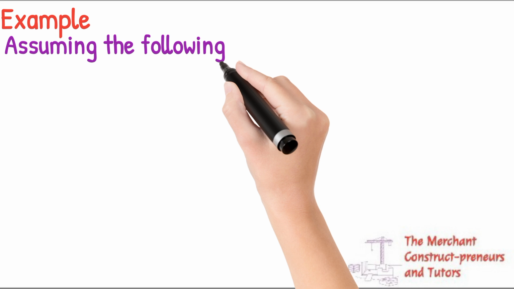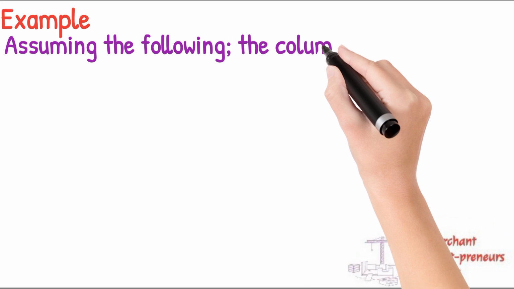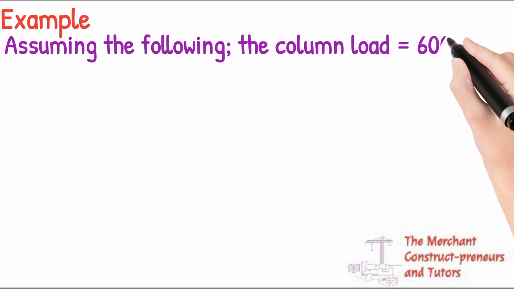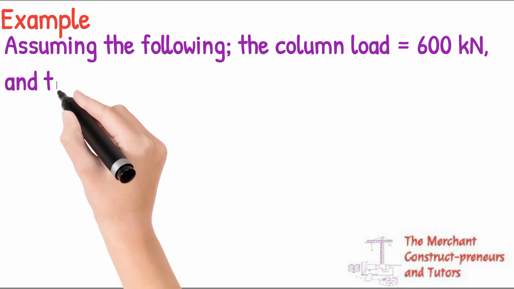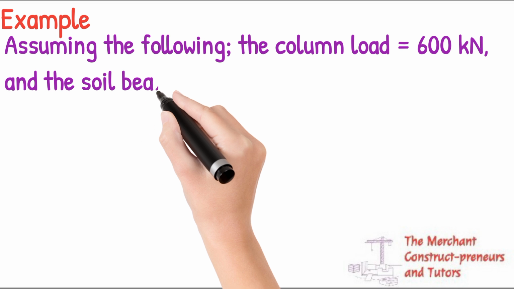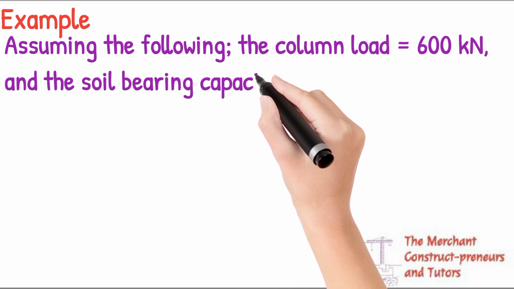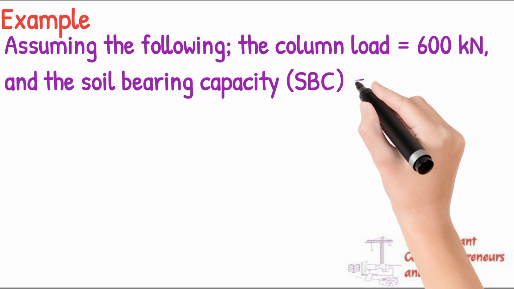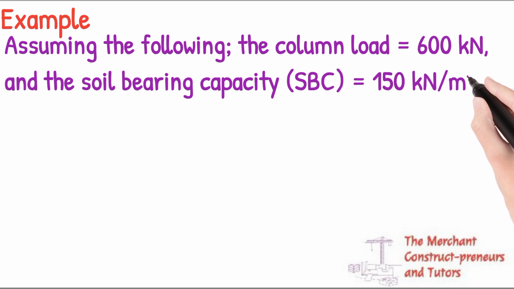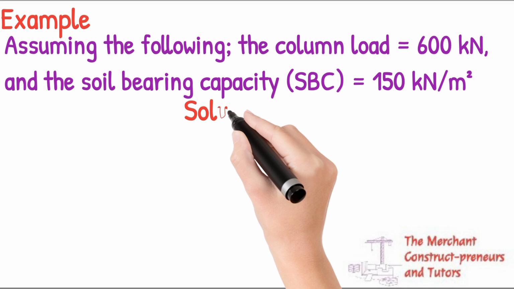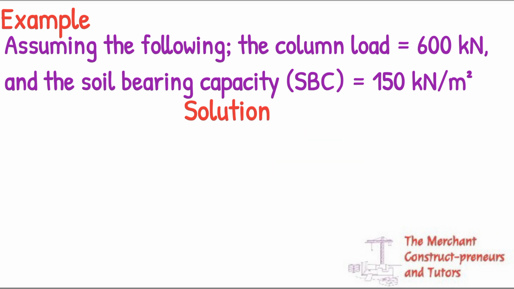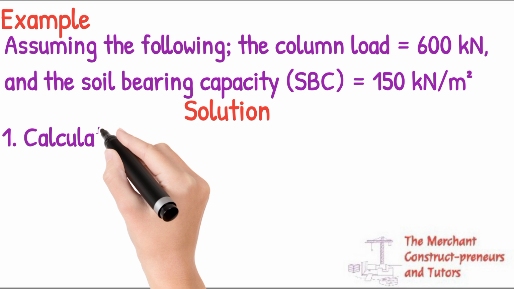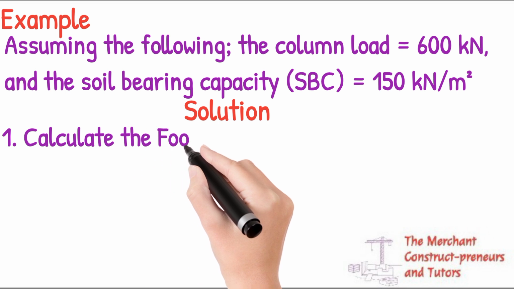Let's take an example so that we understand the steps in calculating the footing area. Just as I said, it's like a checklist, a beginner's guide. When you get the load coming, you just want to check whether the base or the footing is okay.